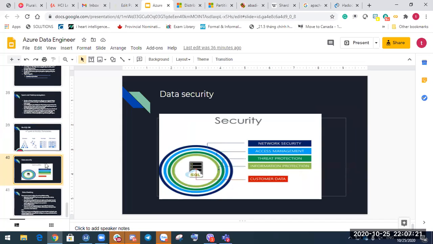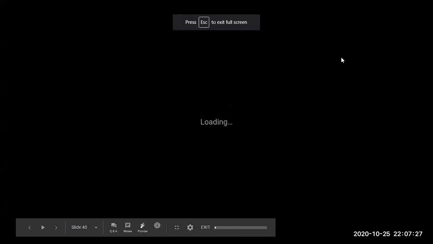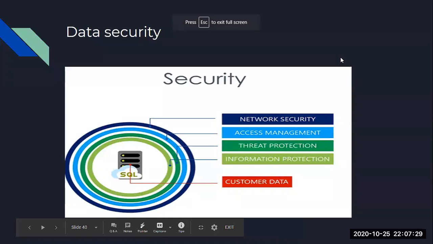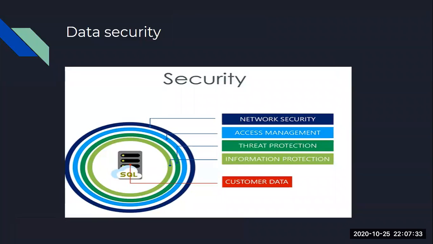So for that, we talk about data security. Remember, once you move to the cloud, there are a lot of questions about data security. And remember that your data is not protected by one layer, but by multiple layers that protect your data together.